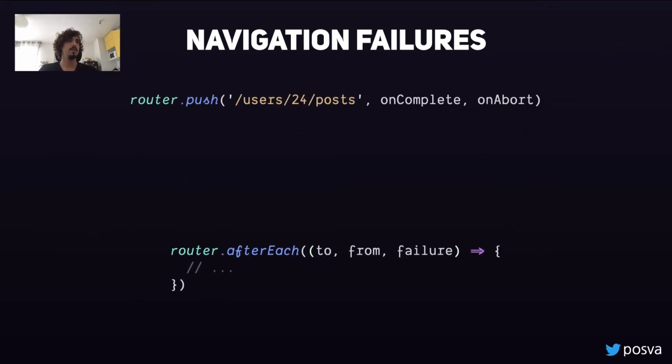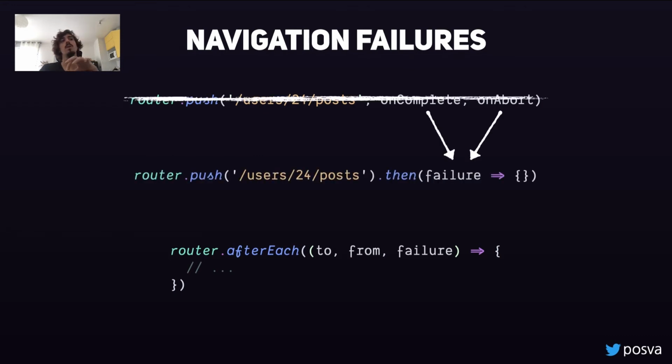So how do we solve this? Well, now the onComplete and onAbort both go into the resolve version of the route. So we get a failure, or a reason for a navigation failure, and that failure can be later on read in afterEach. If the navigation succeeds, there is no failure. That value is going to be null or undefined.